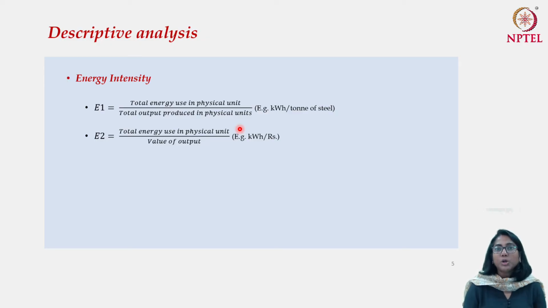So it's possible to represent all energy in a single physical unit. However, for the output, we have changed everything to price, to the value of output. So once you move on from the E1 to E2 kind of an indicator, you really lose some of the specifications that you had in case of E1. So some specifications are lost here.